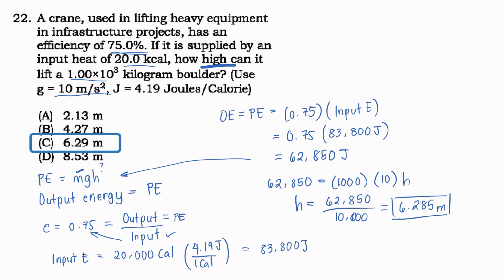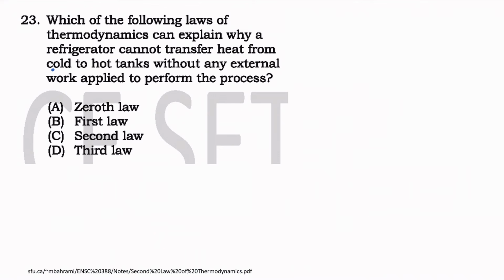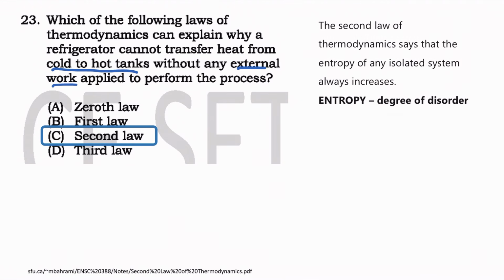Letter C. Number 23. Which of the following laws of thermodynamics can explain why a refrigerator cannot transfer heat from cold to hot tanks without any external work applied to perform the process? So, yung law na yun ay second law of thermodynamics. So, dapat lagi siyang from hot to cold.